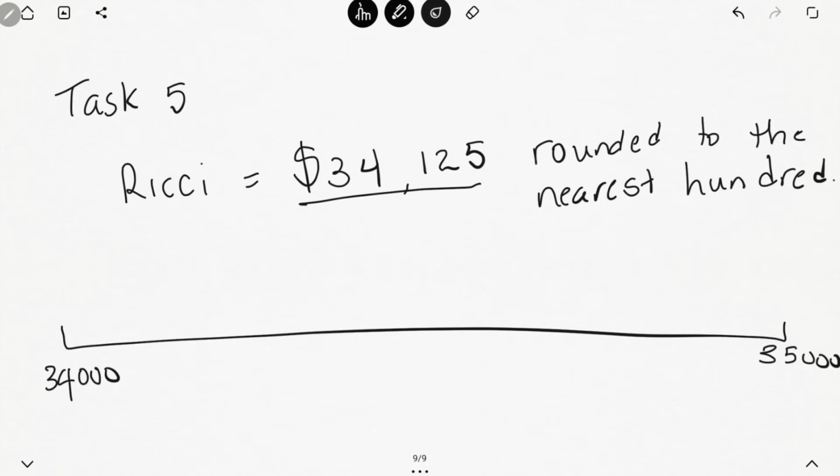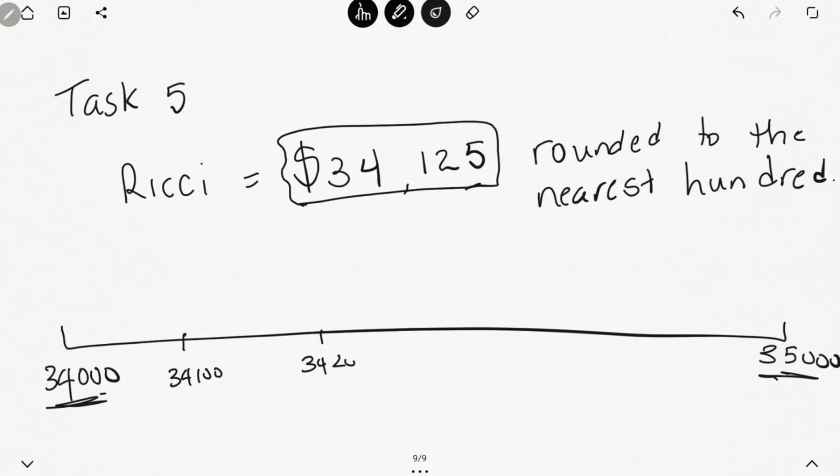All right, so between 34,000 and 35,000, because you can see this number is 34,125 in terms of the thousands, we're somewhere between 34,000 and 35,000. Let's say 34,100 is here, 34,200, 34,300, and so on until we get up to 35,000.